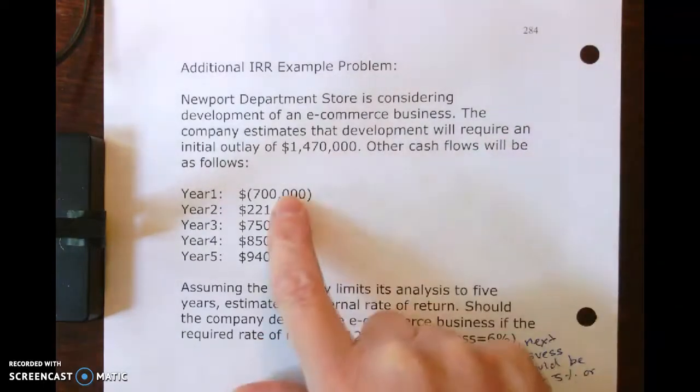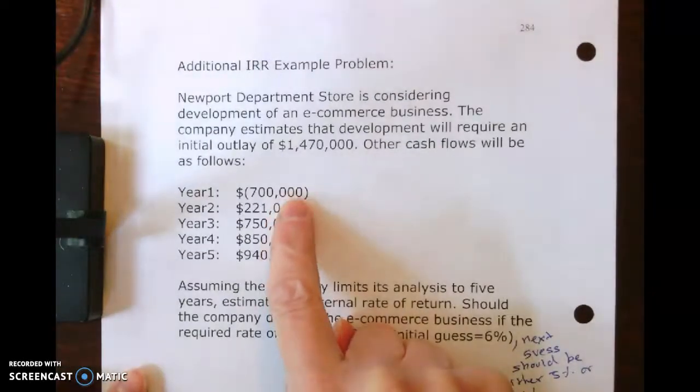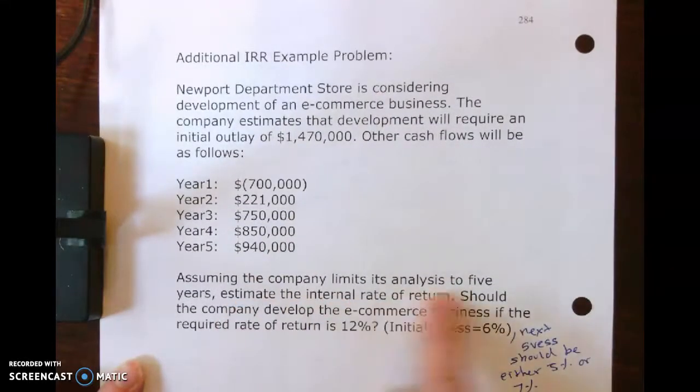Other cash flows are as follows right over here. So we have year 1, cash outflow, year 2, cash inflow, year 3, cash inflow. Assuming the company limits its analysis to 5 years, estimate the internal rate of return. Should the company do this project if the required rate of return is 12%?